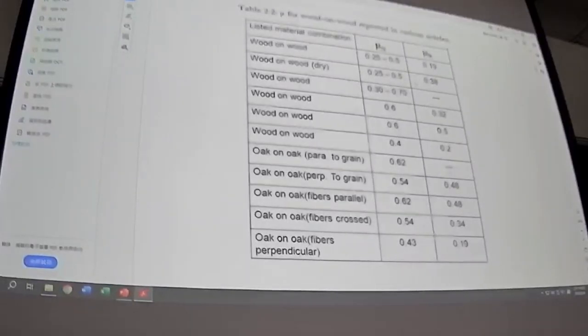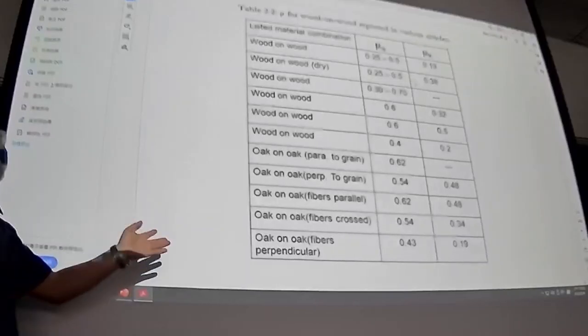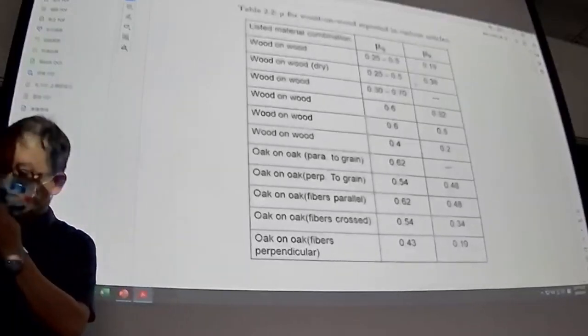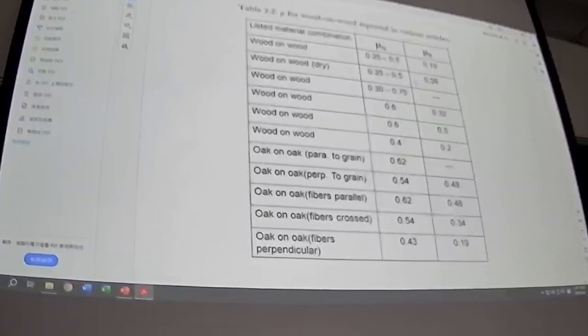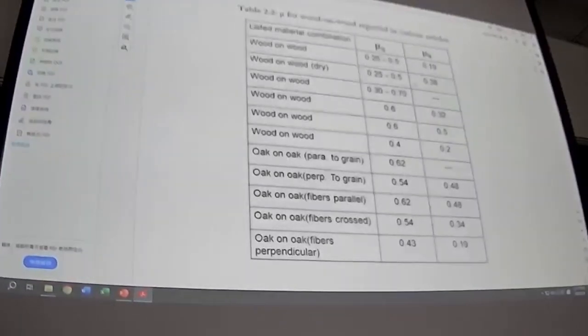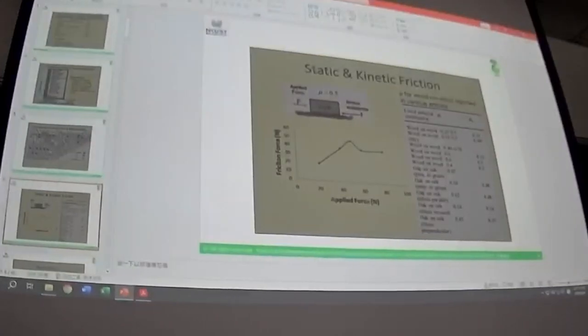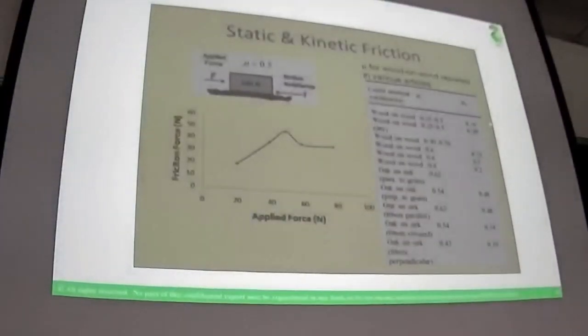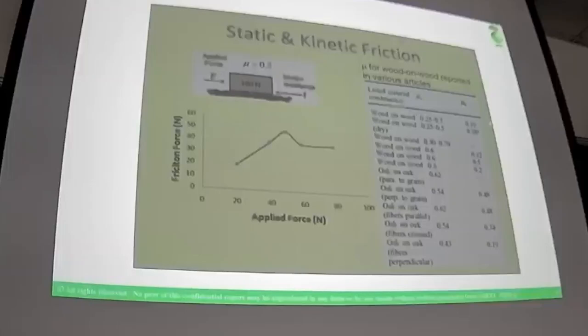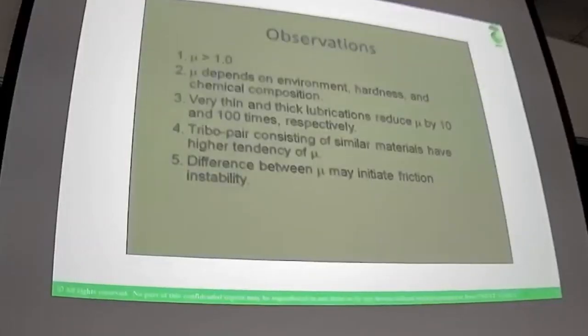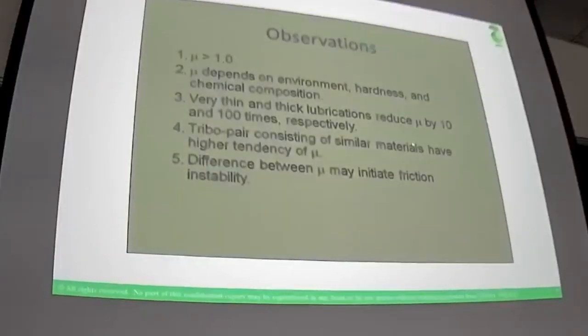So this is a result there by experiment. So we also have some observation. This is observation during the experiment.